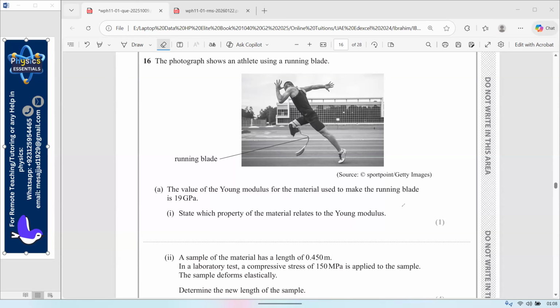Metals are greatly stiff, so their stiffness number is bigger than plastic or rubber. Therefore, the Young modulus is the measure of stiffness. So you are going to write stiffness only.